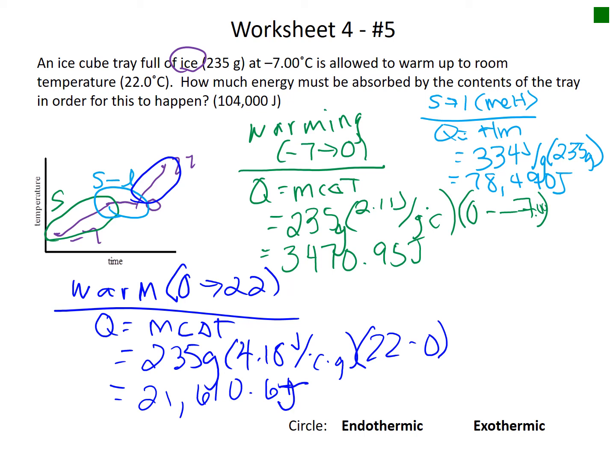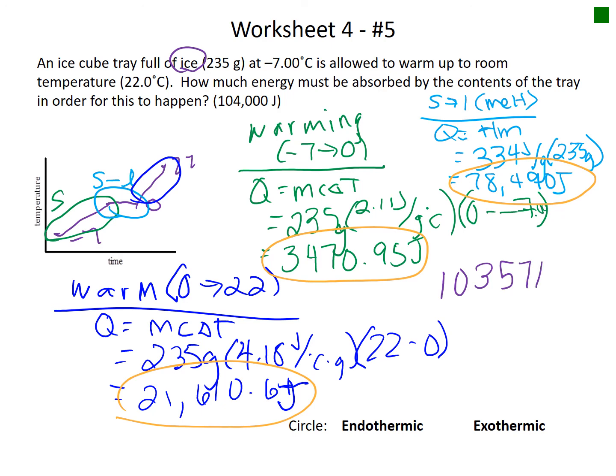All right, so now what do you need to do? You need to add these up: 78,490, 3,470.95, and 21,610.6. When you do that, you end up with 103,571.55 joules.